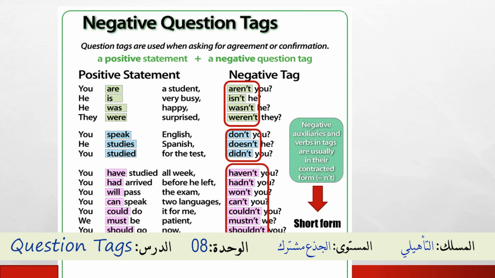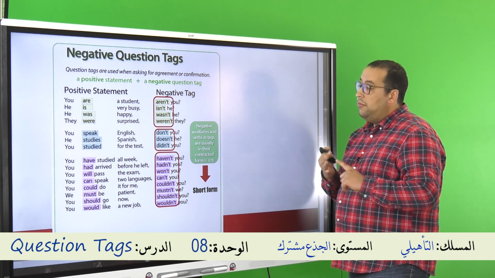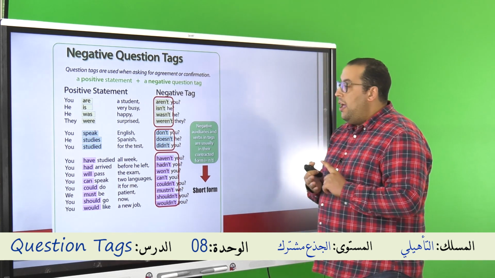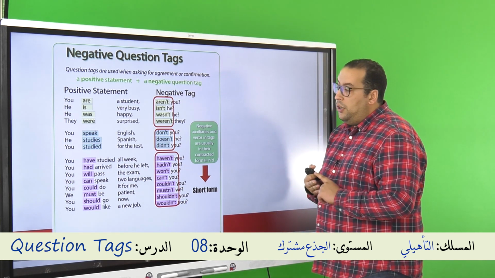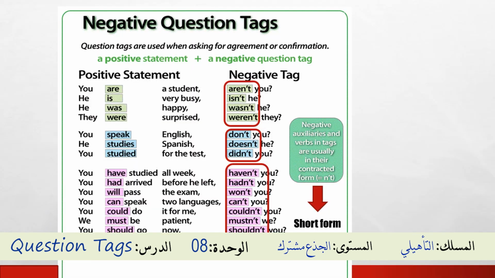It should be in the negative, and it is related to the verb in the tense and in the form, and of course it is used after a comma. It finishes with a question mark, needless to say, and it is used in the contracted form.